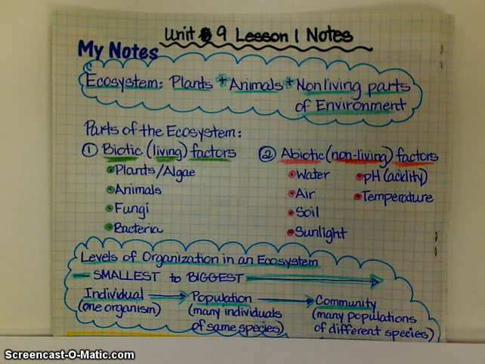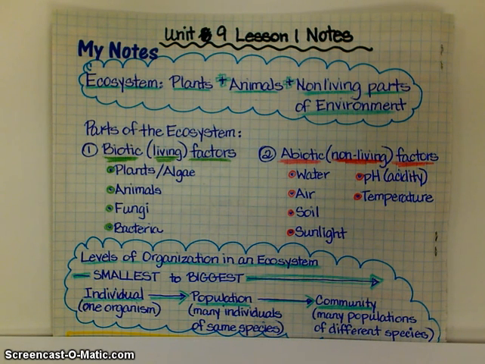And then the other part of the ecosystem is the abiotic or non-living factors. They can be water, air, soil, sunlight, pH, meaning how acidic or basic something like water is. Temperature, you can add air pressure, water pressure. Those are all things that affect the ecosystem but are not living parts of the ecosystem.